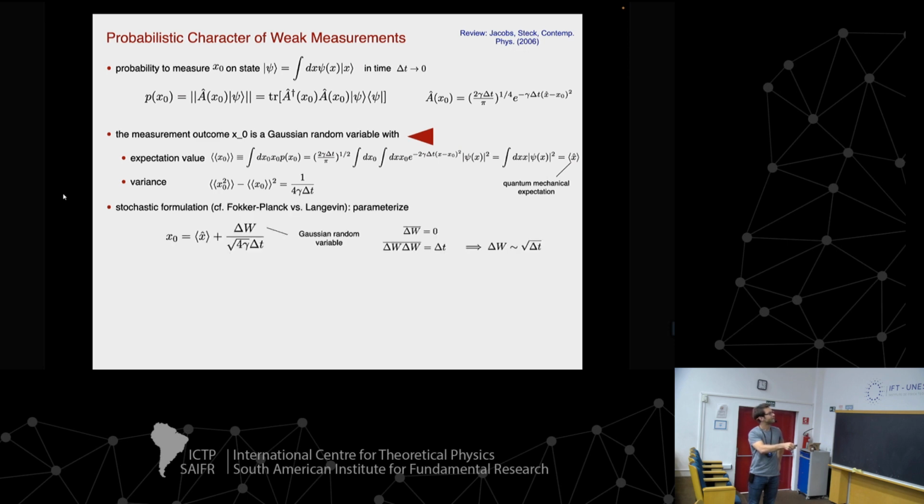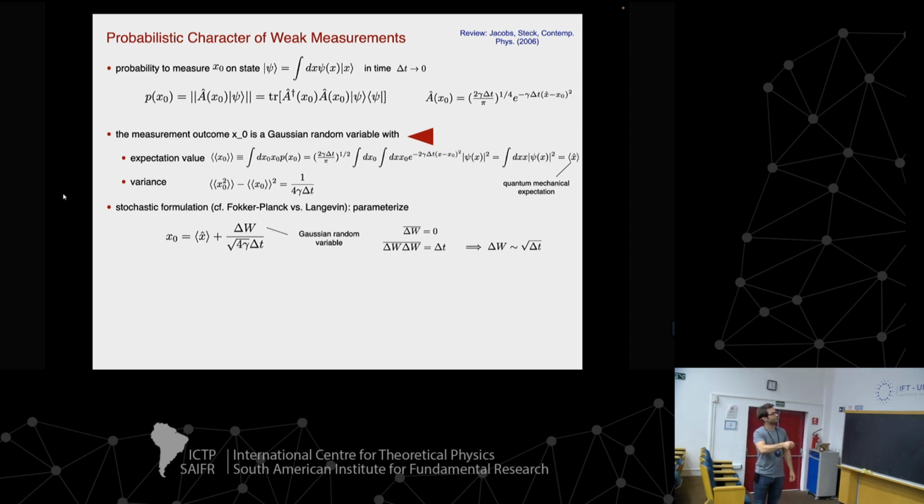With this, we can transit from this probabilistic formulation, where we speak about variances, to a stochastic formulation, where we treat x naught as a Gaussian random variable, characterized by its mean, which we identified as a quantum mechanical expectation value, plus a fluctuation, which is parameterized precisely in this way so that the variance of x naught as a stochastic variable reproduces precisely this here.